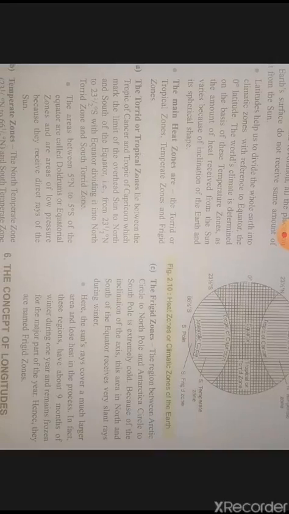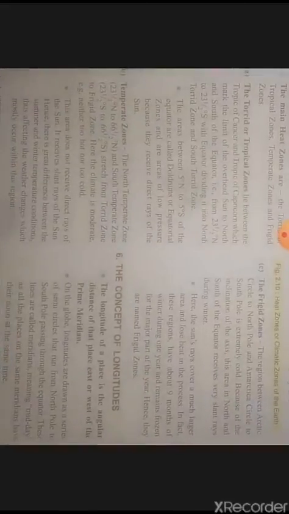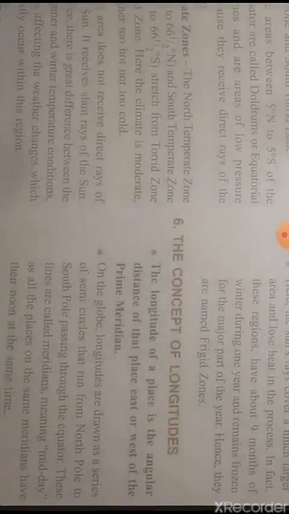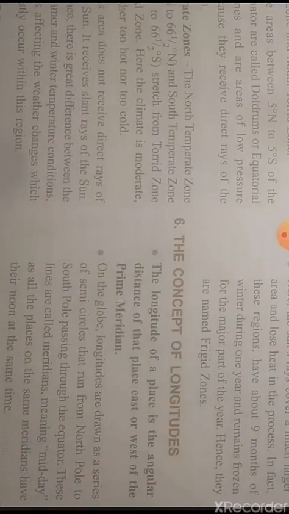Now let us study about the longitudes and meridians. The longitude of a place is the angular distance of that place east or west of the prime meridian. 0 degree and 180 degree meridian together make a complete circle on the globe.